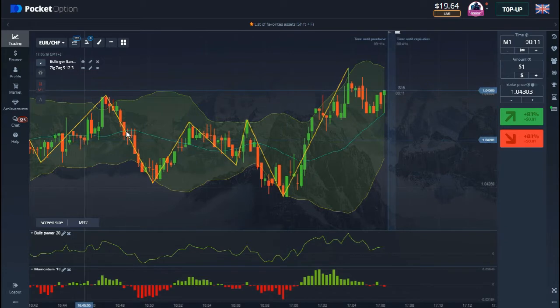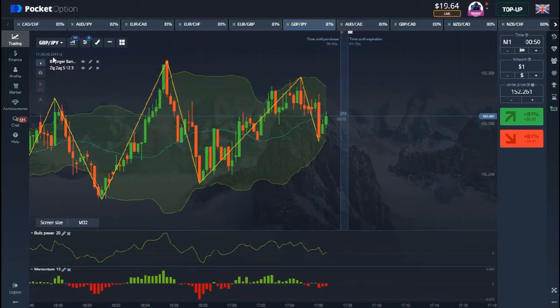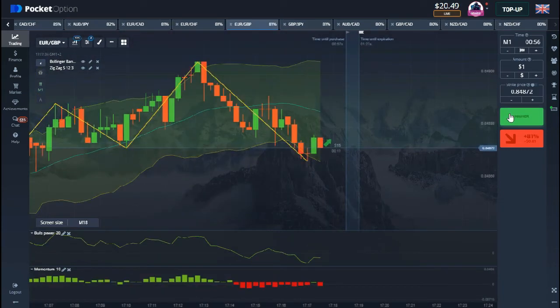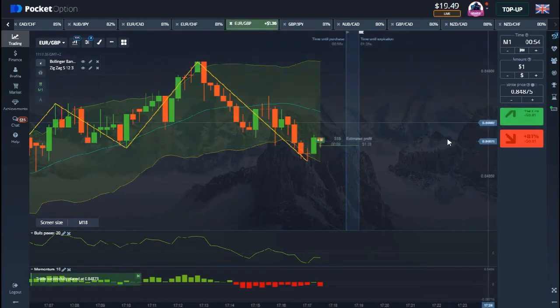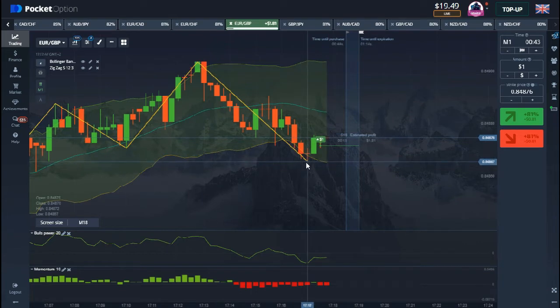So I am choosing the highest pairs. Okay, and now I am finding a good moment. For example, I took the trade here for above because the ZigZag is showing the lowest area, reaching the lowest of this market.